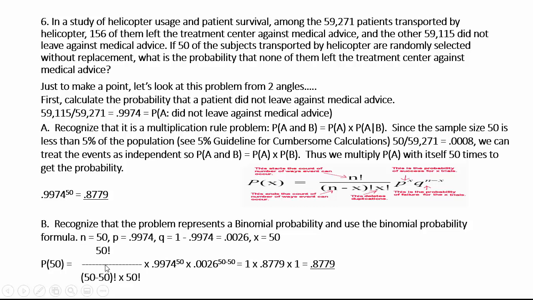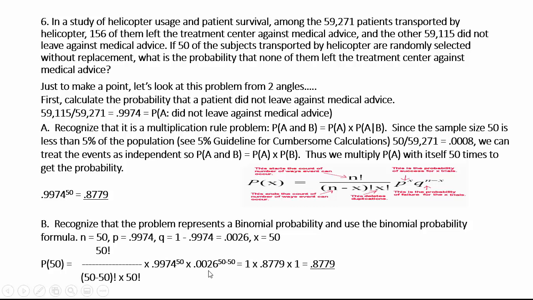In fact, there's only one way then to have all 50, where none of those people leave against medical advice. So there you go. Times the probability of not leaving against medical advice, and that's 0.9974. And we're going to raise that to the 50th.